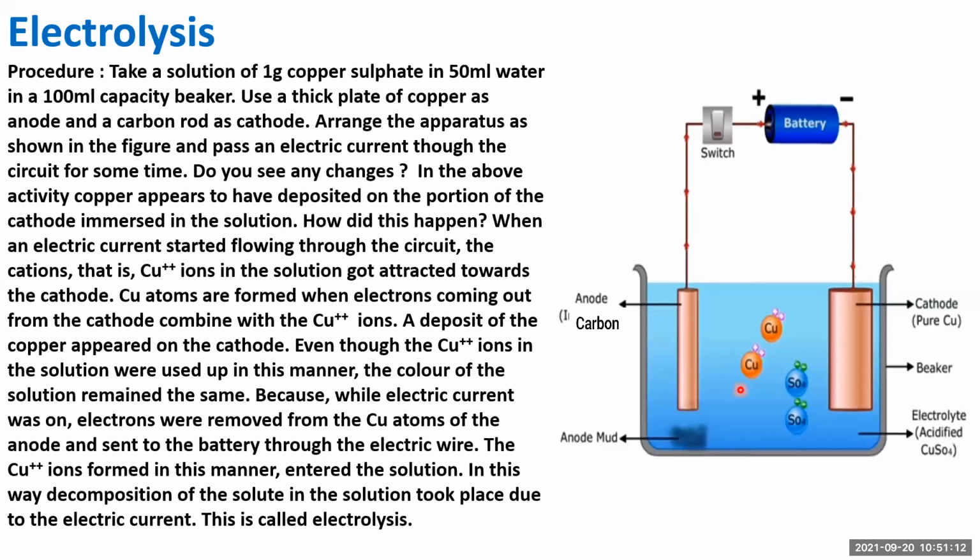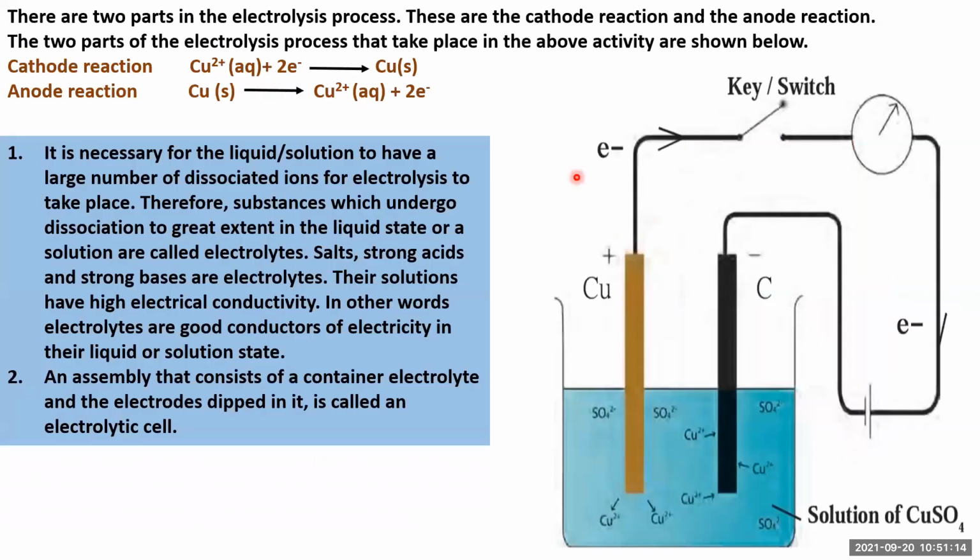There are two parts in the electrolysis process: the anode and cathode reactions. The two parts of the electrolysis process that take place in the above activity are shown below. On the cathode, the reaction that occurs is Cu2+ ion plus 2 electrons.